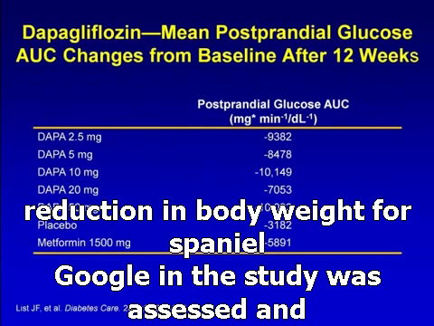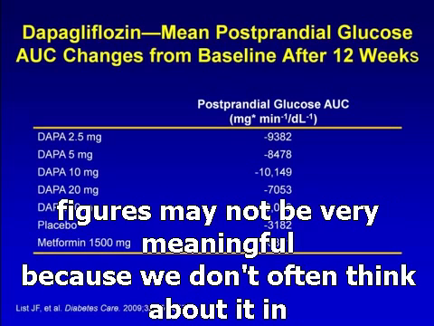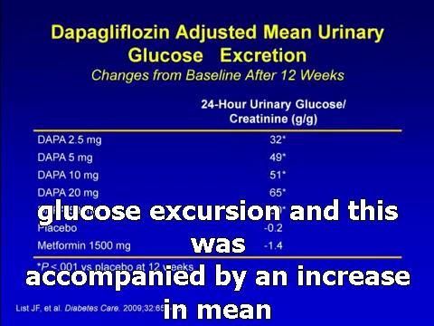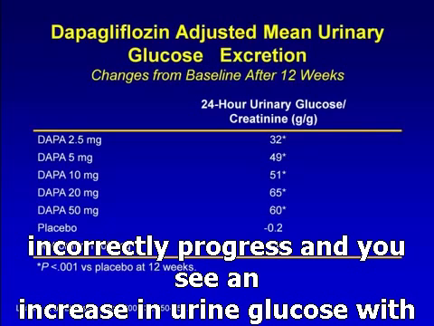Postprandial glucose in this study was assessed and presented on the next slide as area under the curve, so the figures may not be very meaningful because we don't often think about it in that particular way. And you see again a substantial reduction in postprandial glucose excursion. And this was accompanied by an increase in mean urinary glucose. They actually measured 24-hour urine glucose in these studies and corrected it for creatinine.